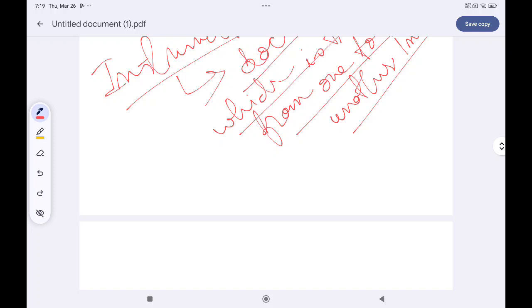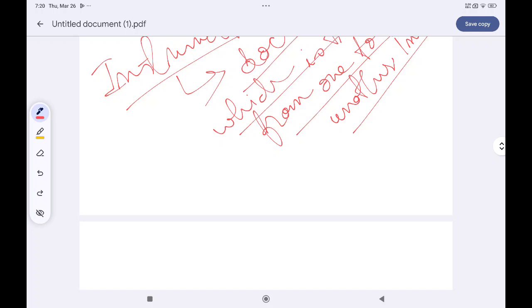So I am finding it difficult to explain, maybe because I am not good at communicating in English. But I don't know why I try to be perfect in this.